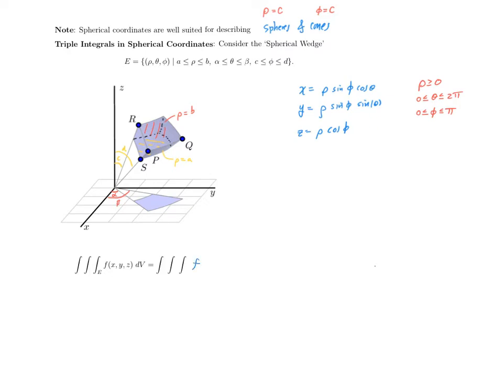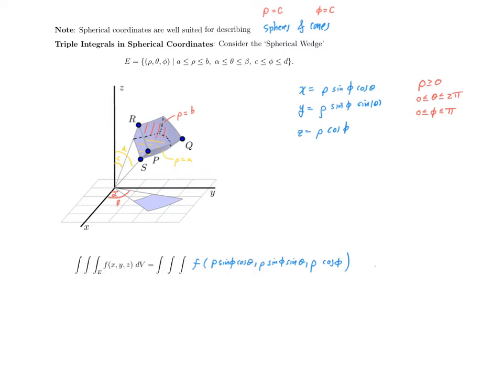So we have f of rho sine phi cosine theta, then y becomes rho sine phi sine theta, and z becomes rho cosine phi. And note, this is the most abstract possible perspective. In a moment, we will investigate a nice concrete example.